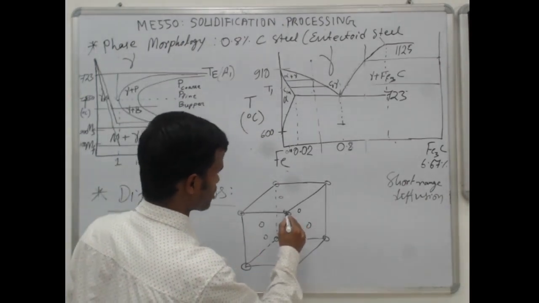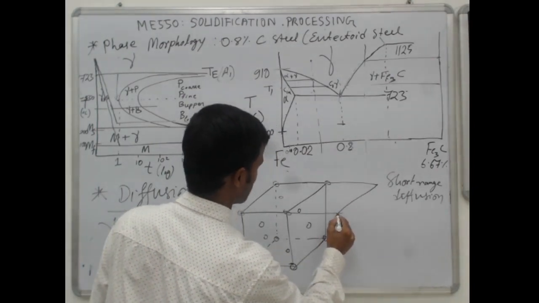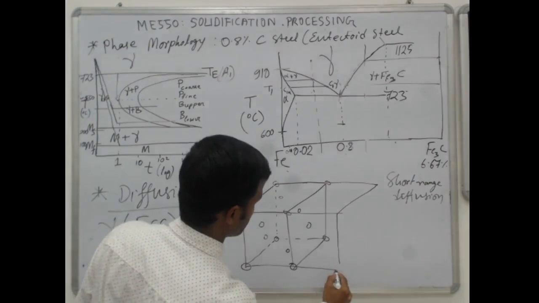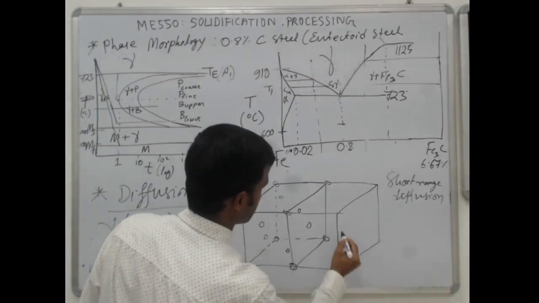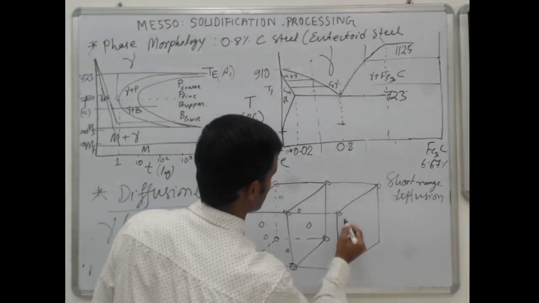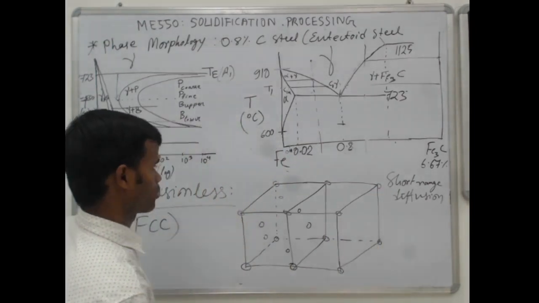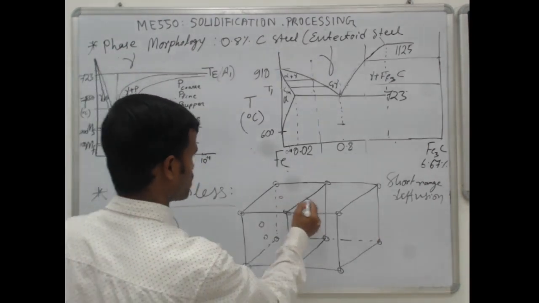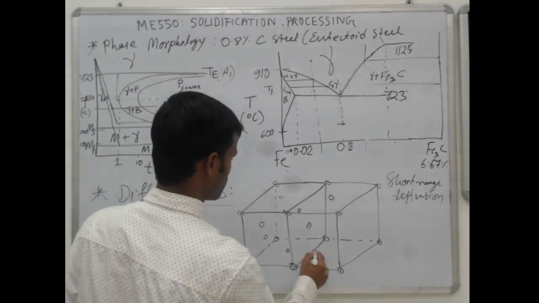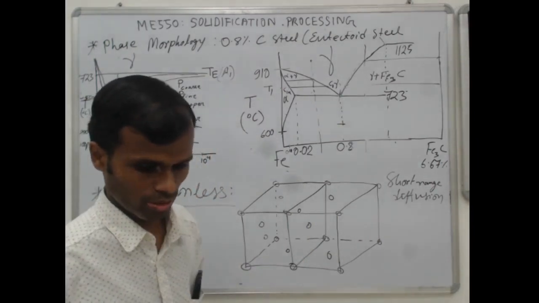Now if you take another unit cell, you will have similar atoms there also. On this face you will have one, on this face you will have another one.